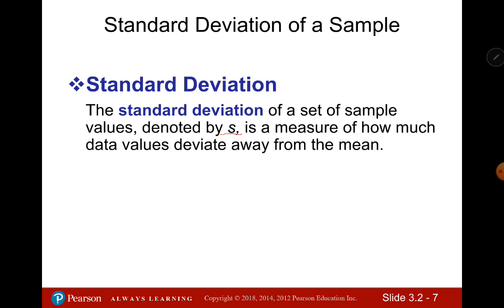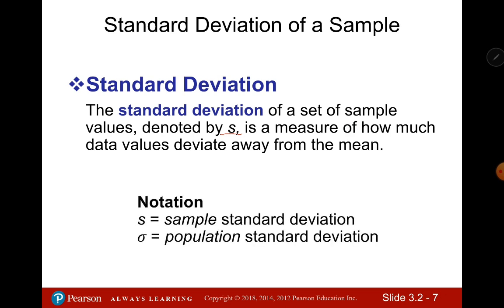This standard deviation is a measure of how much data values are away from the mean. So by the definition, we should get the mean first, then measure how each value is away from the mean. That's the definition of standard deviation.